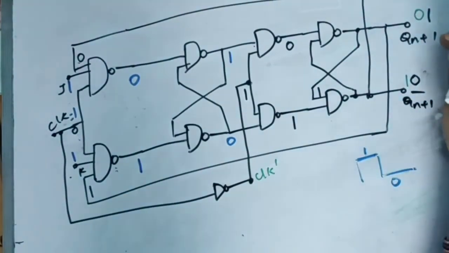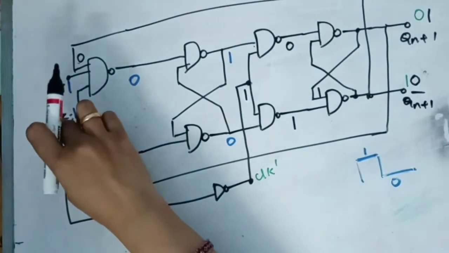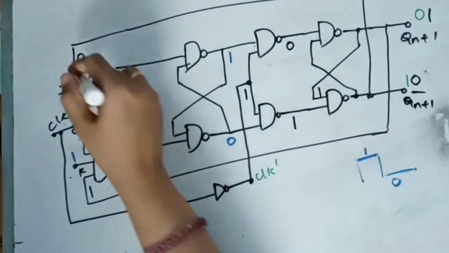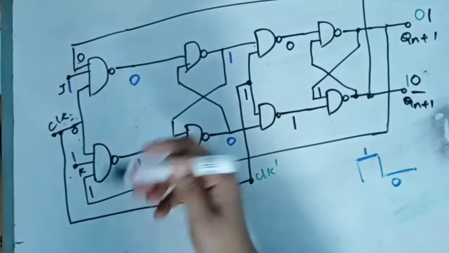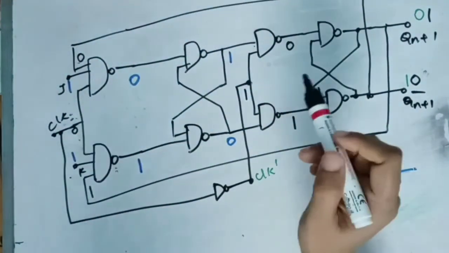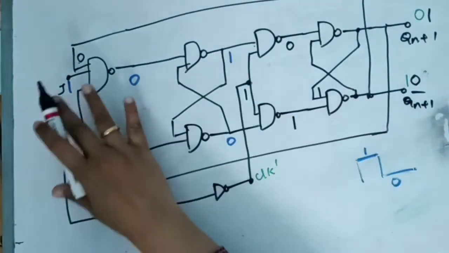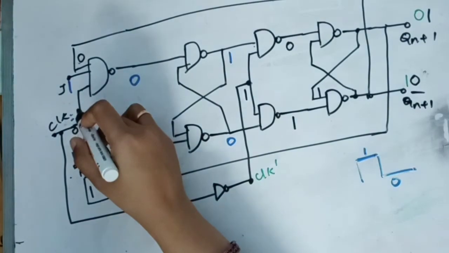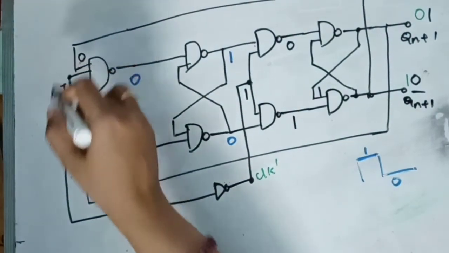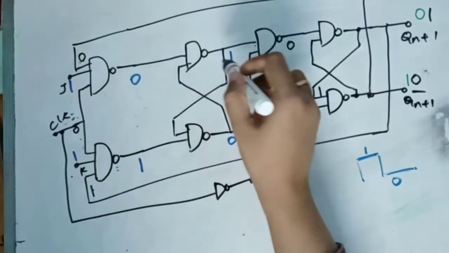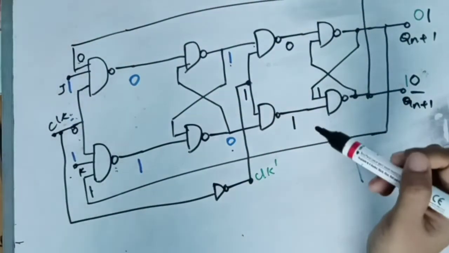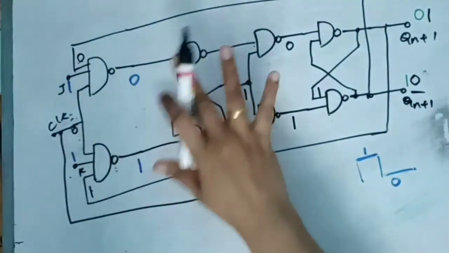So, you are getting Qn plus 1 and Qn plus 1 bar when clock is equal to 0 here. My inputs have changed, but there is no issue because clock is 0. So, the first stage output will not depend on the inputs. Even if there is a change here, this will not change because clock is 0, because the first stage is not working.